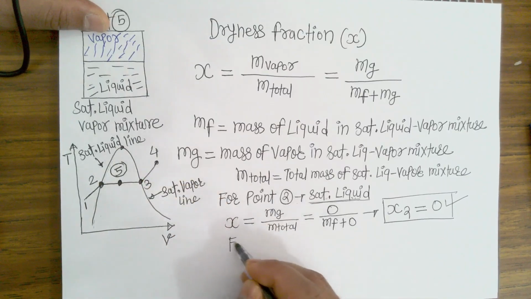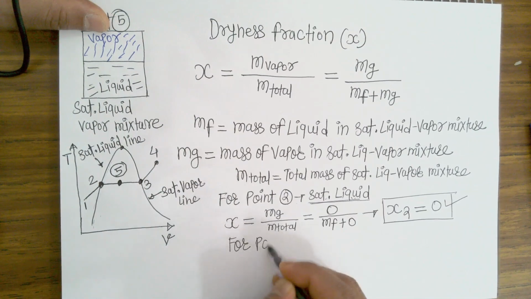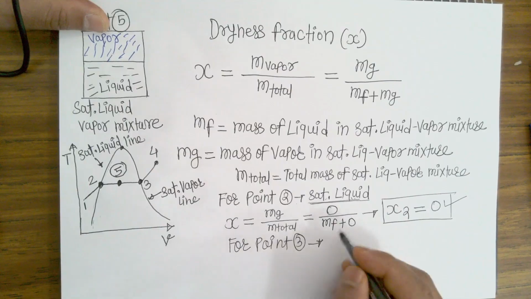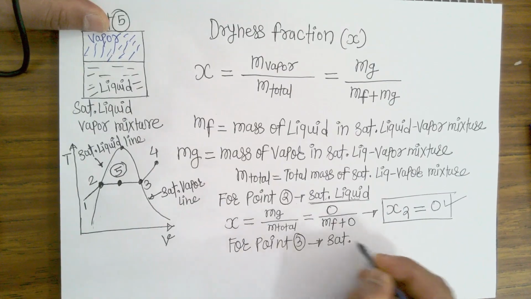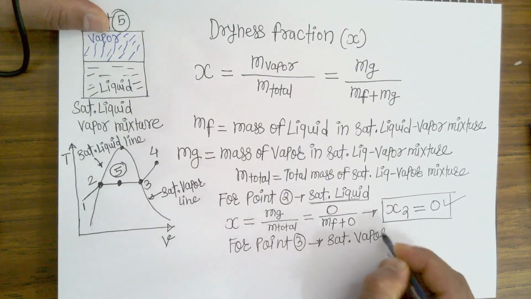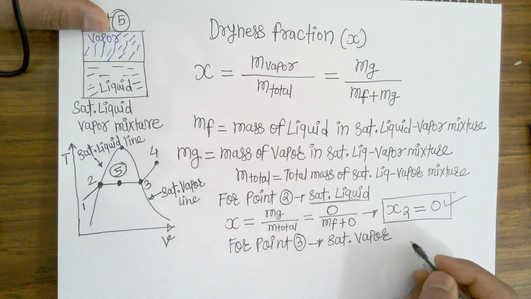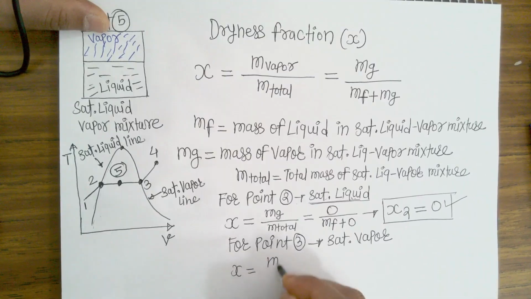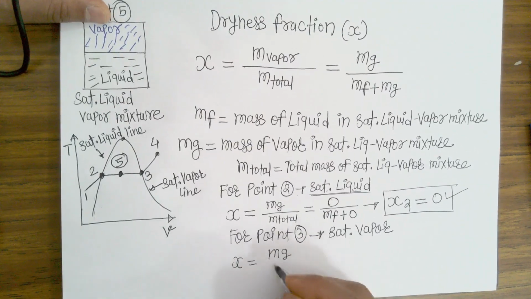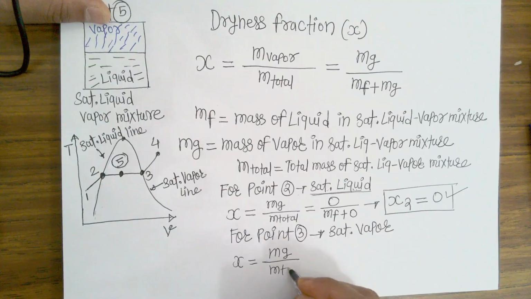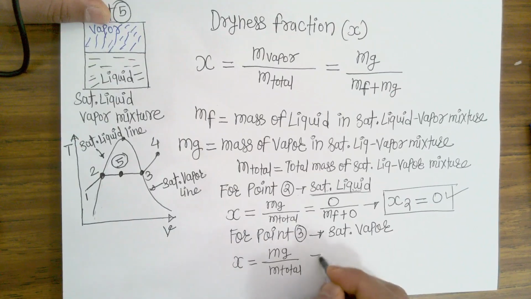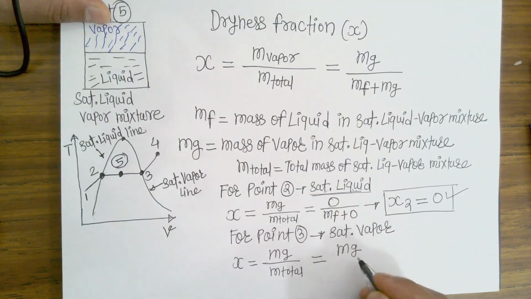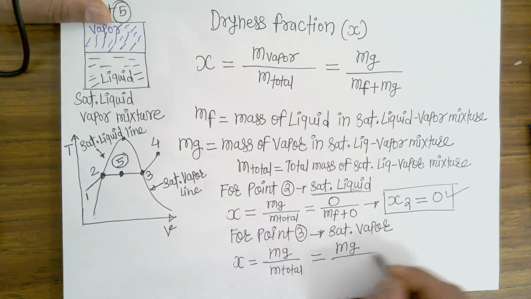So let's say for point 3, what is the dryness fraction? So point 3 is saturated vapor condition. That means it is 100% vapor. So I will write x is equal to mg divided by m total. Mass of vapor is present there because it is 100% vapor, mg.